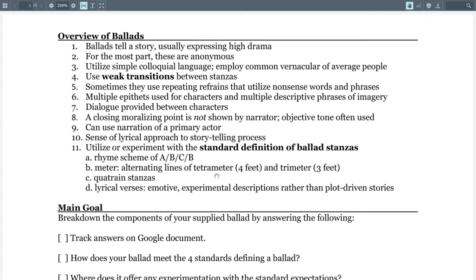She's following the tetrameter, trimeter, alternating meter concept. As a result, if you look at items A and B, that means item C, you are dealing principally with quatrain stanzas. Again, as I've said before, on occasion, sometimes you'll have a 5th line or a 6th line, but the majority of these are only quatrains.